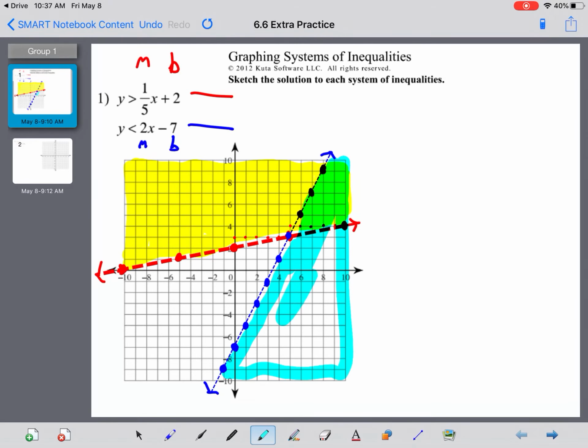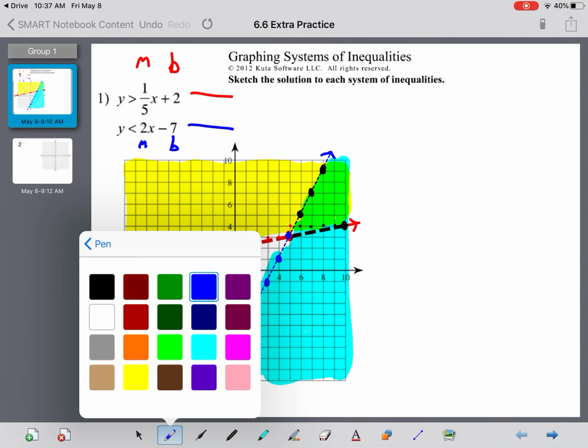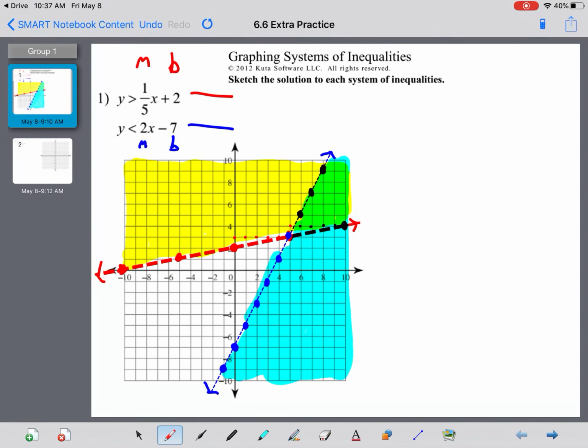So it's below this blue line. And again, as we should have learned from the last several lessons and videos that I've created, that solution set is in that green shaded area where the yellow and the blue shading overlap each other. So just mark that with a big S for solutions, and you are done with number 1.